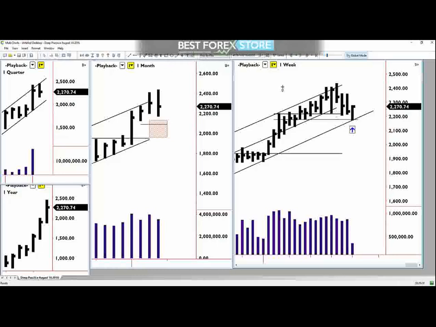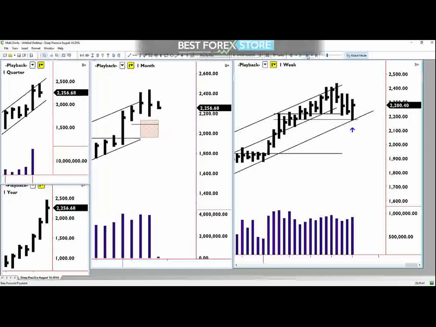So we could take a long in here, as a potential trade, if we're playing this market like this. And so we start to get some movement up, and again, buying coming into the same area. This is a key area in here.